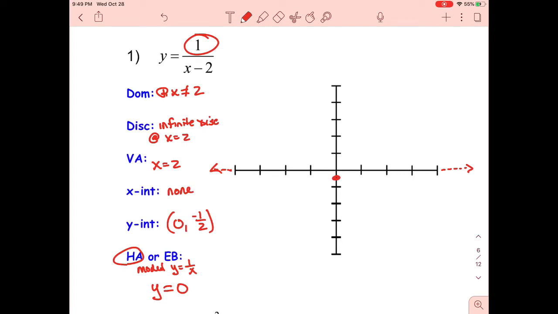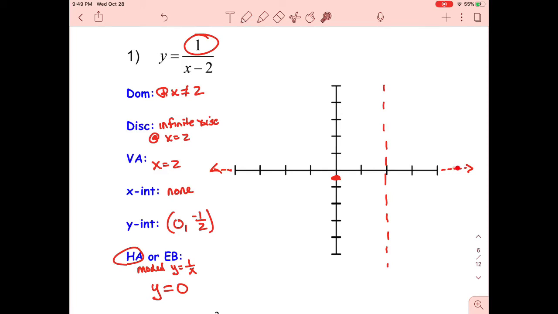So your end behavior is going to be a horizontal asymptote at y equals 0. (0, -1/2) is your y-intercept. We have a vertical asymptote at 2. And that's all we have to go with.